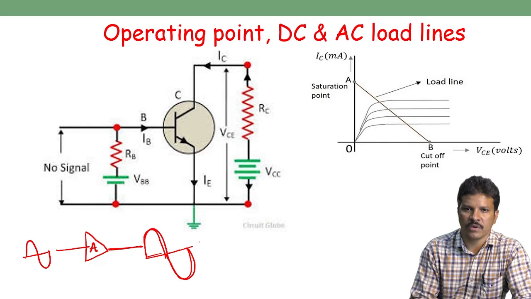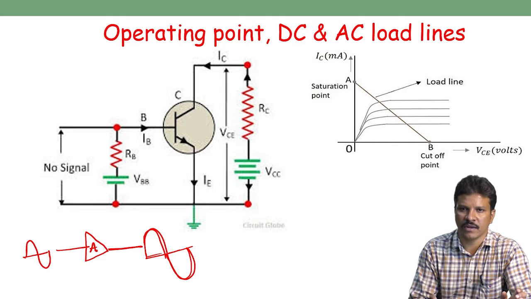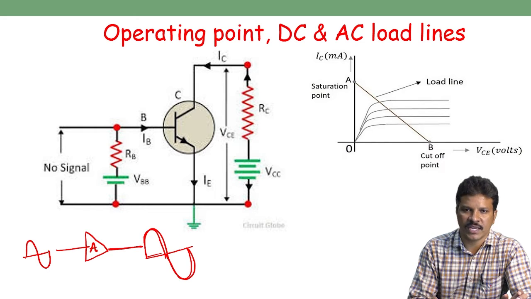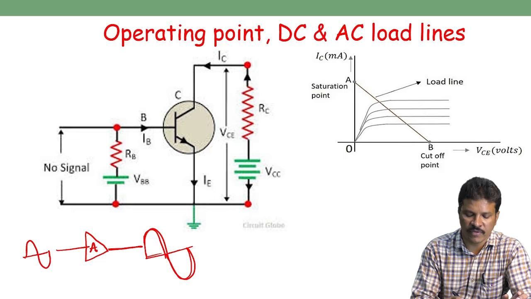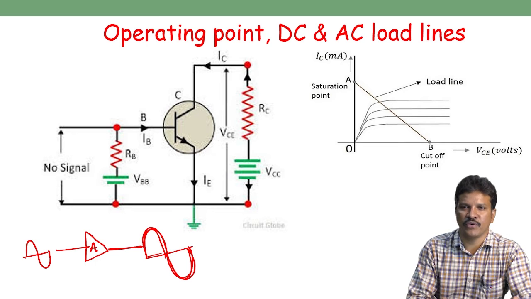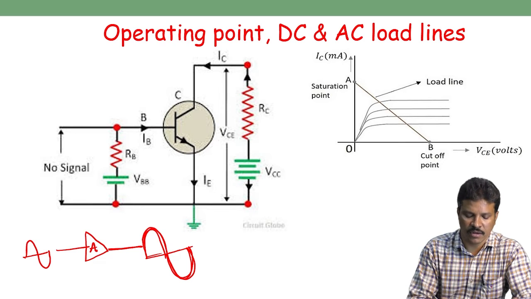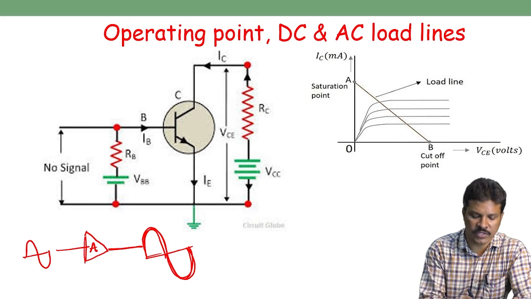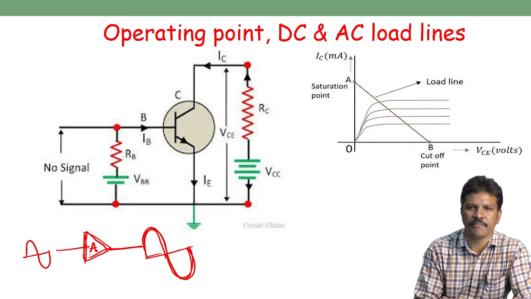No clipping of some portion on the positive side or some portion on the negative side. Perfectly amplified version of the given input signal. The shape of the signal is the same, but it gets strengthened, amplified. This circuit can amplify faithfully.